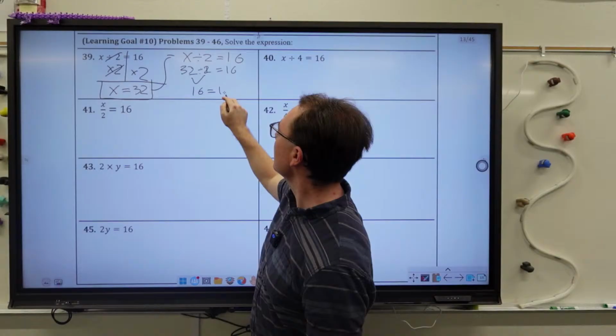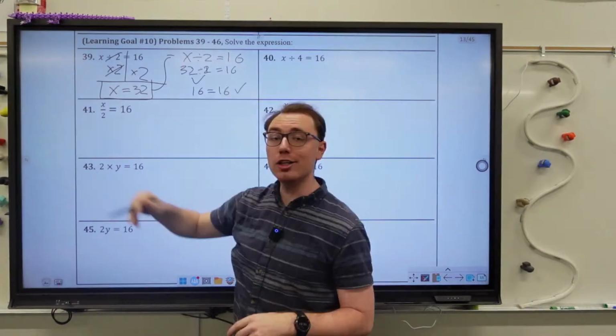But notice the similarities between 39 and 41. In 41 here, we're given x over 2. Since we have x over 2, we know that fraction is just the division between the numerator and the denominator. So really, all we need to do to solve out for that x is to multiply by the denominator. We multiply by 2, multiply by 2.